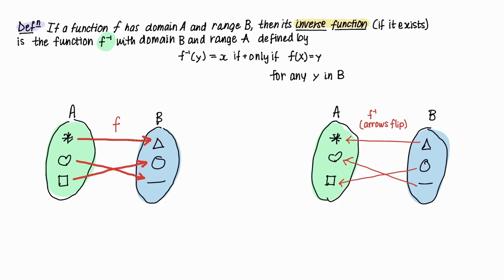So I guess the one thing that's super important is that for f, A was the domain, and B was the range. But for f inverse, A was the range, or the set of possible outputs, and B was the set of inputs, so the domain.